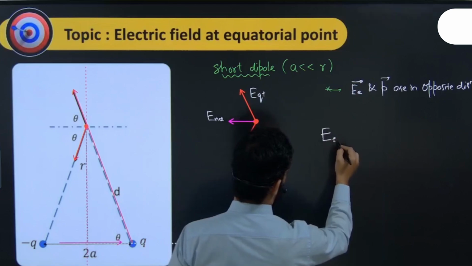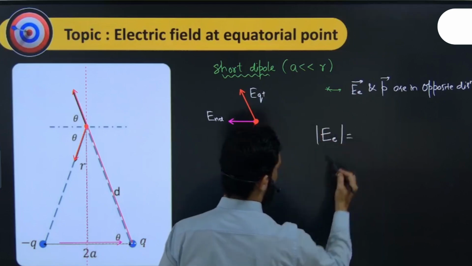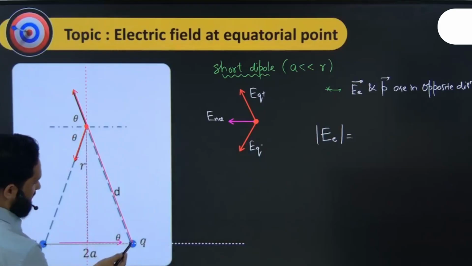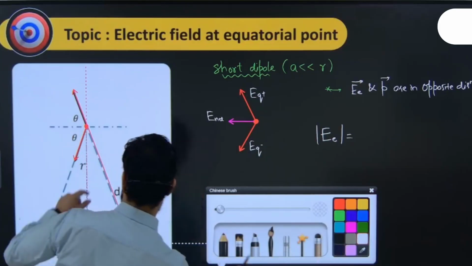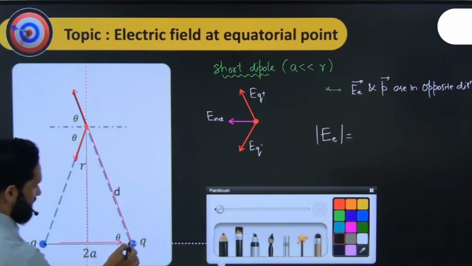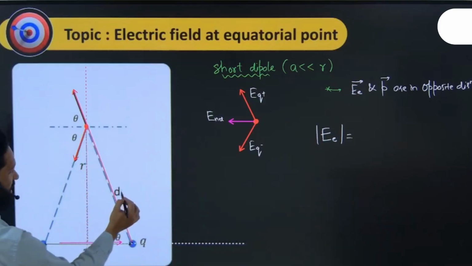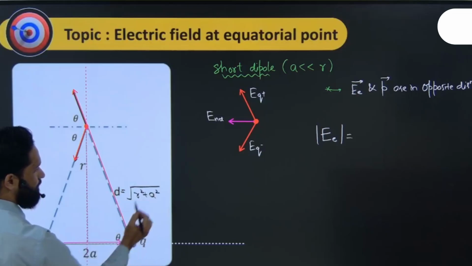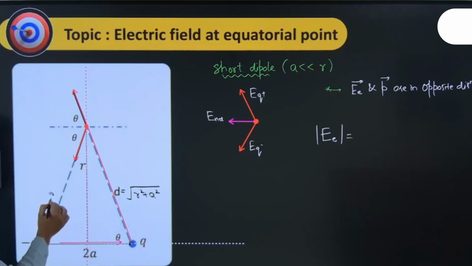So if we go with the derivation, which I am skipping here, I will just tell you how to do it. You can say the electric field of this one, see if this distance is r, this is a, so you can write down how much is the distance between the charge and this point. If I name it d, it will be root of r square plus a square. And again by symmetry it is also d.